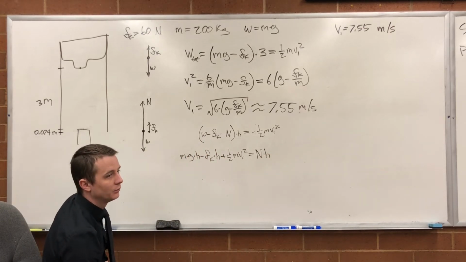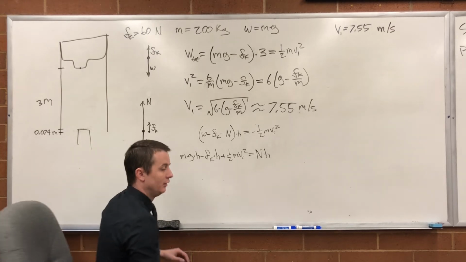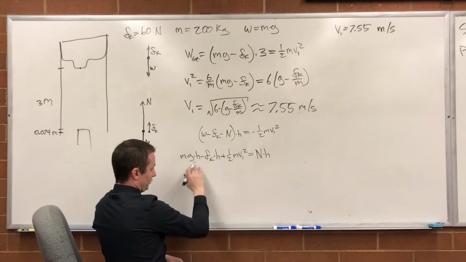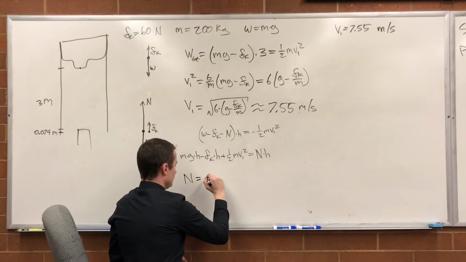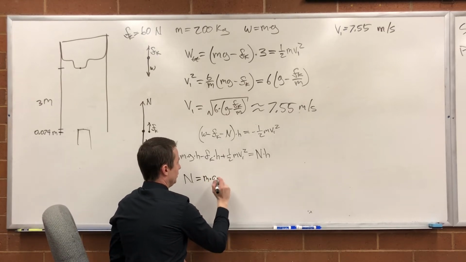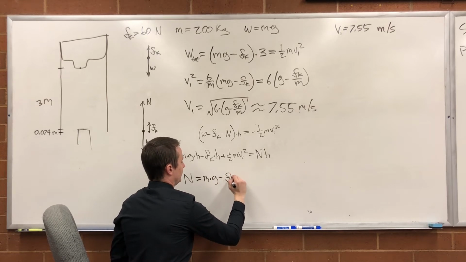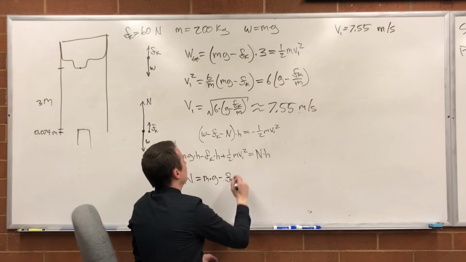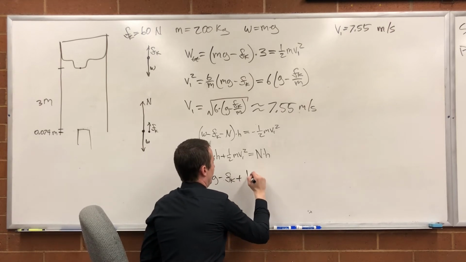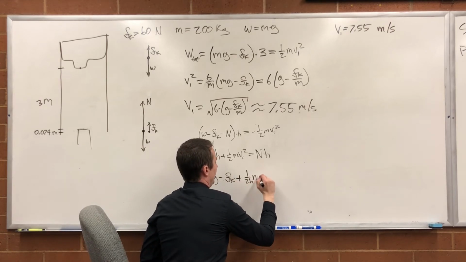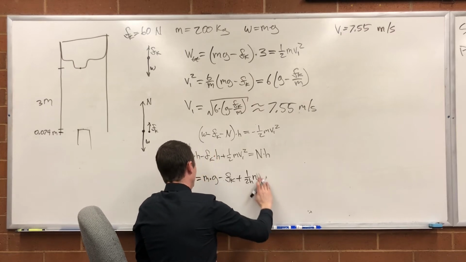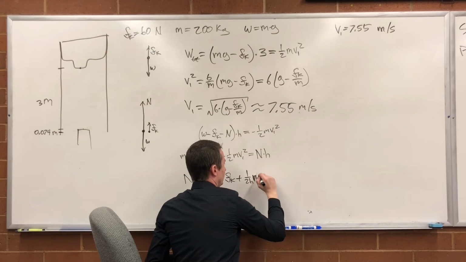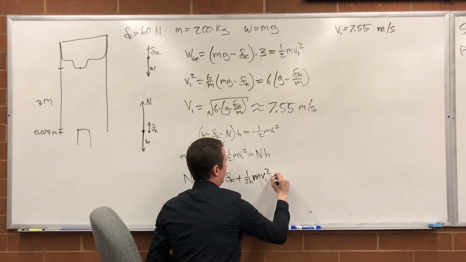Follow my thinking there? So finally, our normal force is just equal to this whole sum divided by h. So it's equal to m times g minus f sub k, I'm just dividing everything by h, plus 1 over 2h m v1 squared.